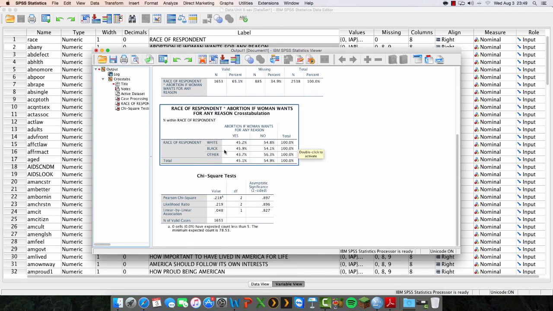Now, among black folks, 45.9% said yes for any reason, and 54.1% said no. And the other category, meaning Asian, Pacific Islander, Native American, whatever other group they've lumped in there together, is 43.7% yes and 56.3% no. So you can see there are some small differences there between those groups, and here of course is the total, where 45.1% of all respondents said yes, and 54.9% said no.